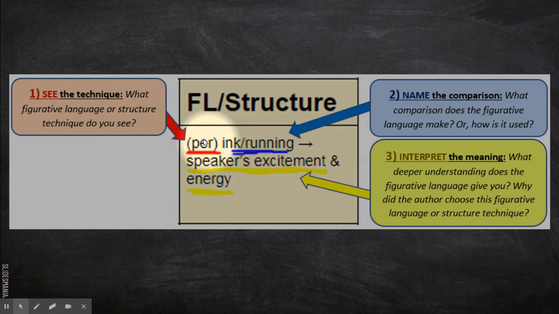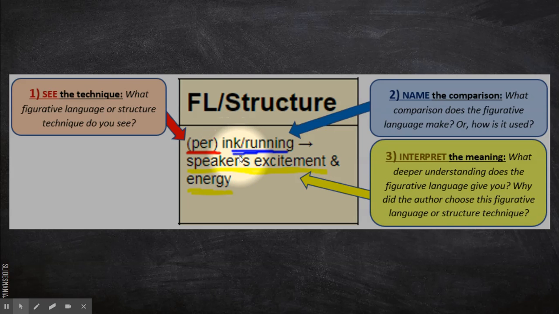That's personification. That's what I write first, or the abbreviation, PER. Second, name the comparison. In other words, what comparison does the figurative language make, or how is it used? So for here, that's this part. Ink is running. That's how it's used.